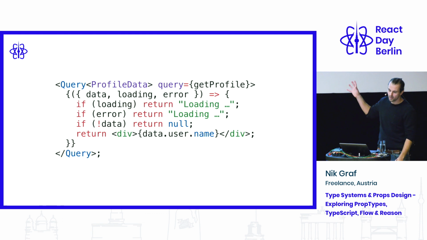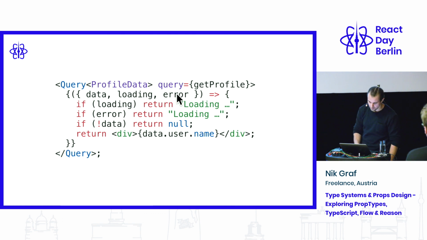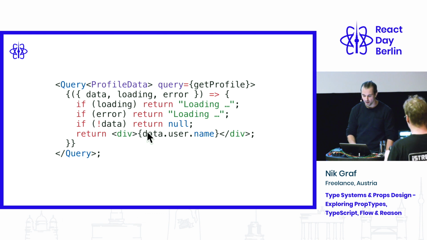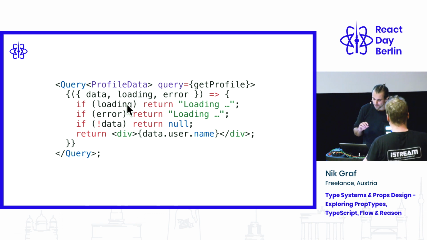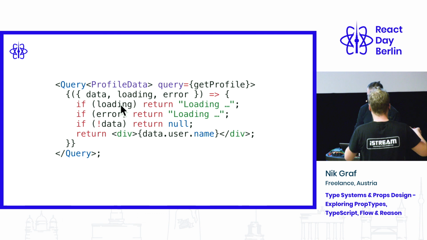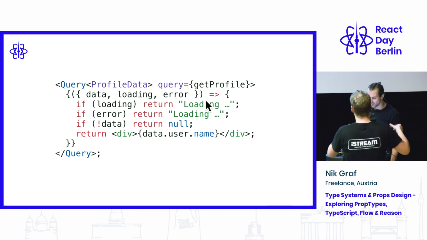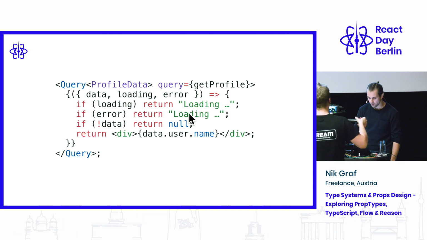So let's look at a real world example, TypeScript, Apollo query component. Apollo gives us data, loading, error. Oh, so error should be errors. I made a mistake here, but basically when using TypeScript, you have to say, if it's loading, then return loading. If it's error, return the error.